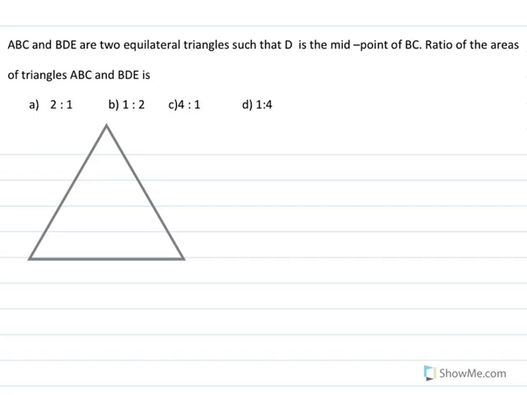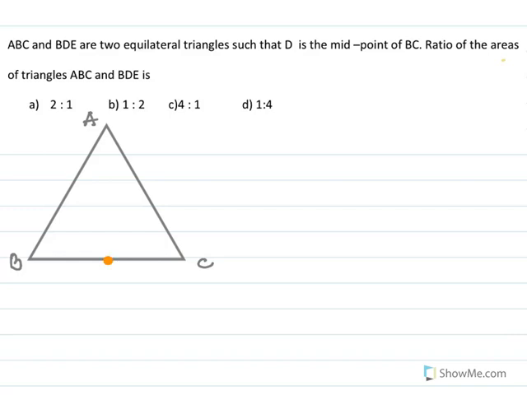ABC and BDE are two equilateral triangles such that D is the midpoint of BC. So here we have one equilateral triangle, which is ABC. And we have BDE, which is also an equilateral triangle, where D is a midpoint of BC. So let's mark that.